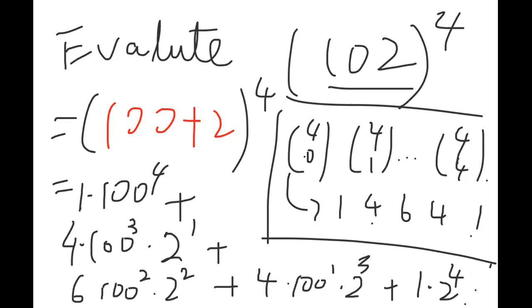This would be easier because you know 100 to the 4th power, right? Wait, hold on. 100 to the 4th power is 10 to the 8th power, which is 100 million, and 100 to the 3rd is 1 million. 100 squared is 10,000, and 100 to the 1st power is 100.